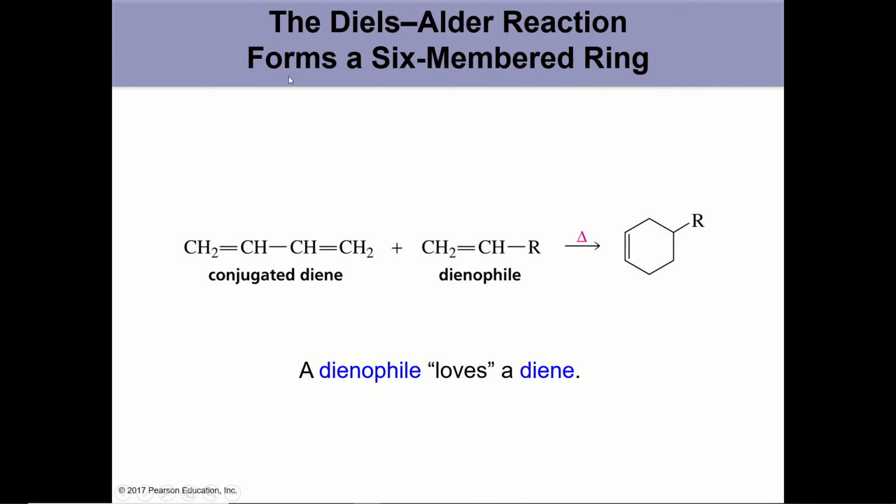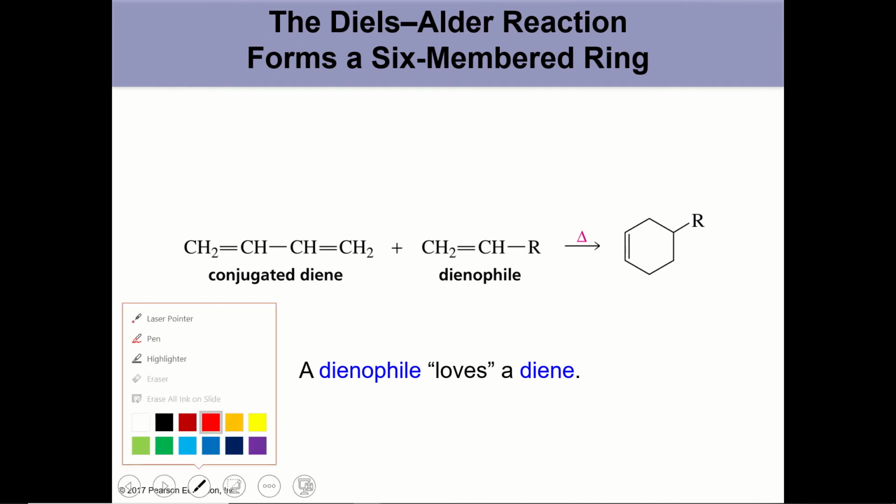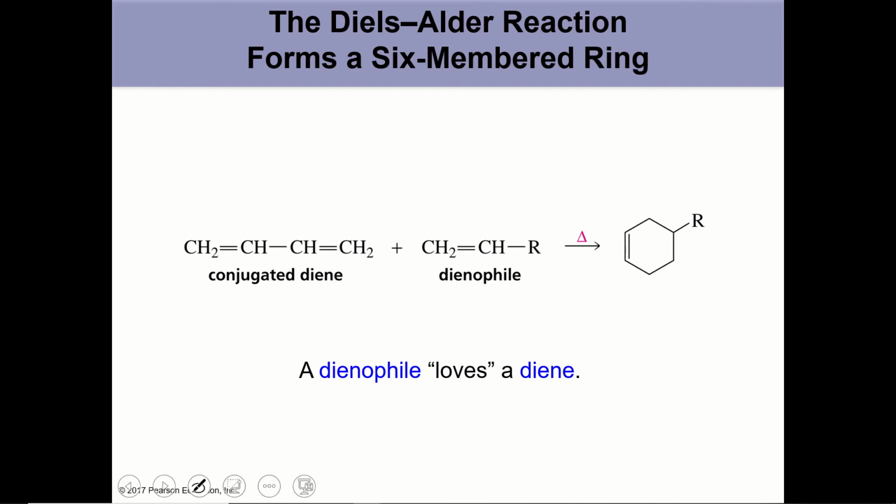This is the reaction. This reaction of a conjugated diene is not like the conjugated diene reactions we've been covering, where we have a 1,2 and a 1,4 addition product. This product is always going to form a 6-membered ring, and it's called a Diels-Alder product.